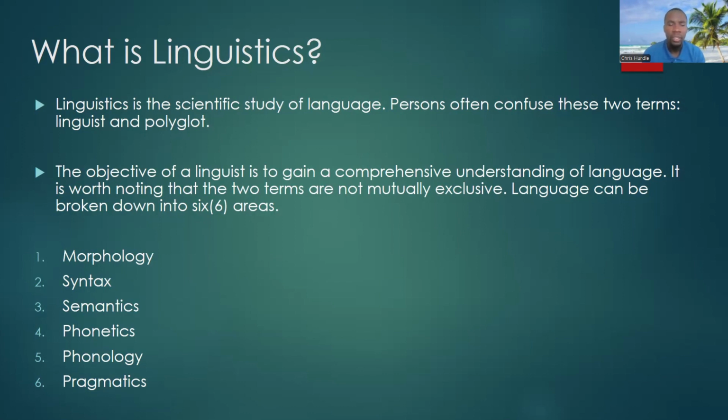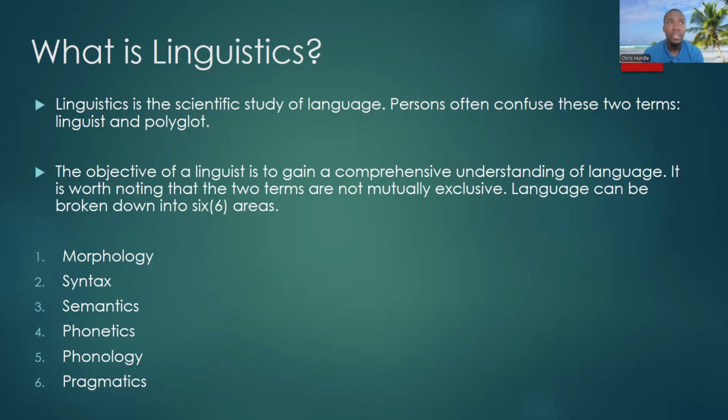Now, when it comes to linguistics, there are 6 main areas that we study or we focus on, okay? So we have morphology, syntax, semantics, phonetics, phonology, pragmatics. Now, some of these terms, or I would think most of these terms, sound very foreign, but trust me, they are not.